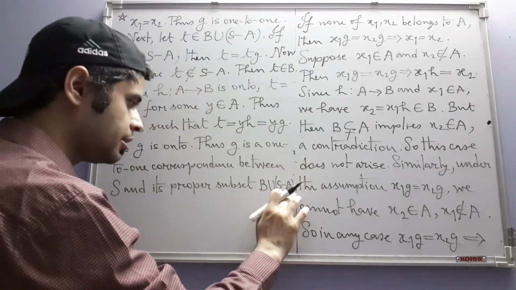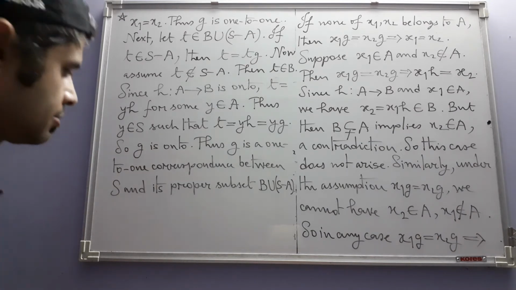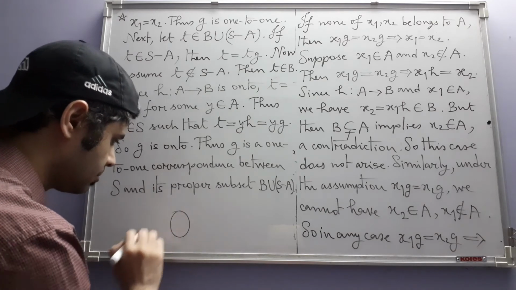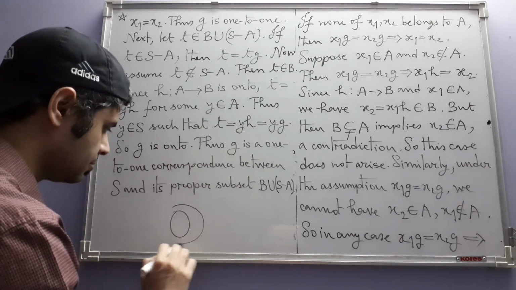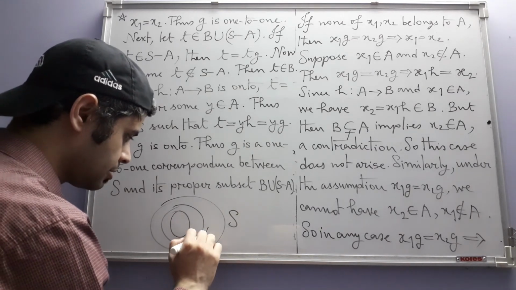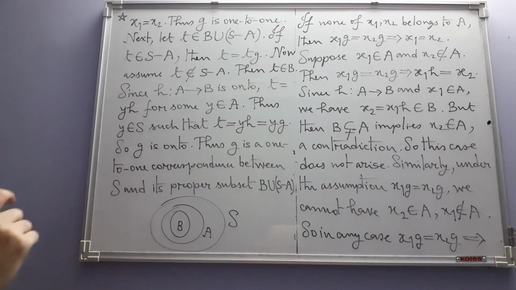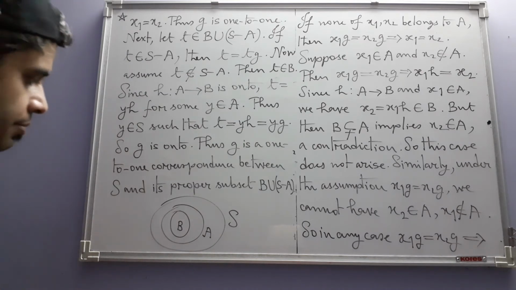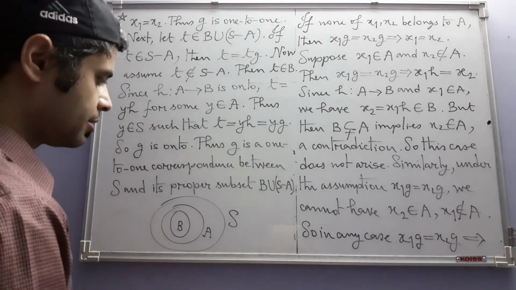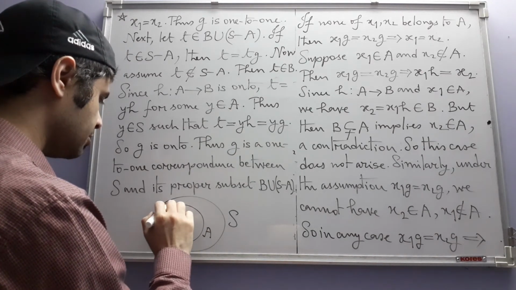Now the question is, why is B union S minus A a proper subset of S? Let's see that diagram. This is S, this is A, and this is B. What is S minus A? S minus A is the set of all elements in S which are not in A. These elements.